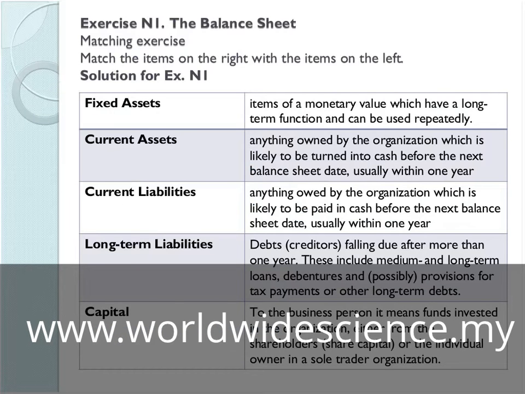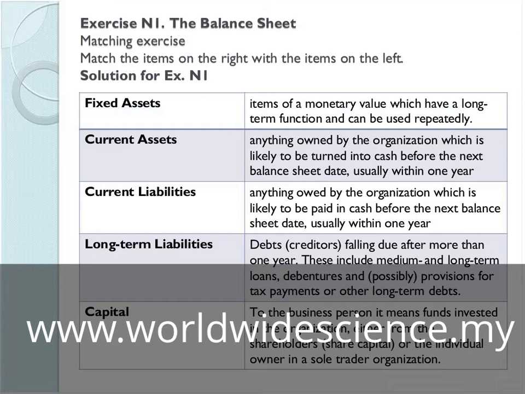The first, exercise number 1, the balance sheet. Match the items on the right with the items on the left. So the solution for exercise number 1 we can see on the presentation. Items of monetary value which have a long-term function and can be used repeatedly, of course, are fixed assets.